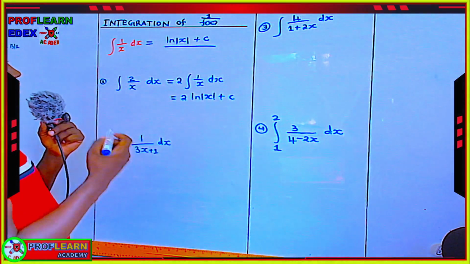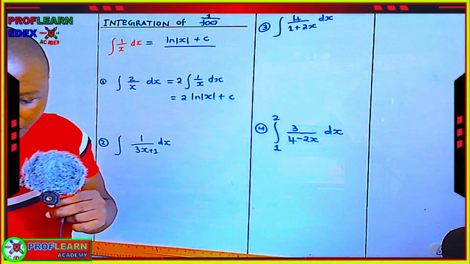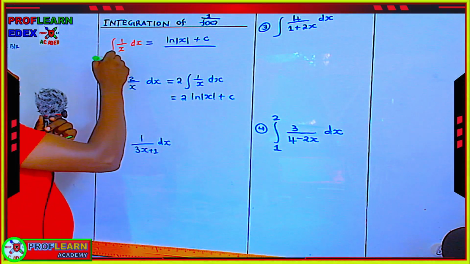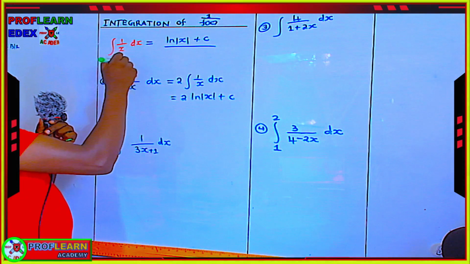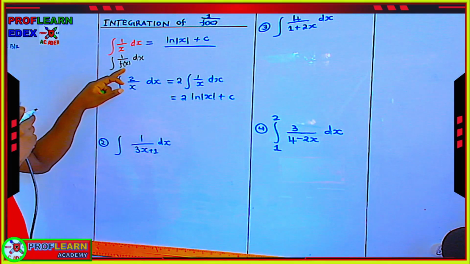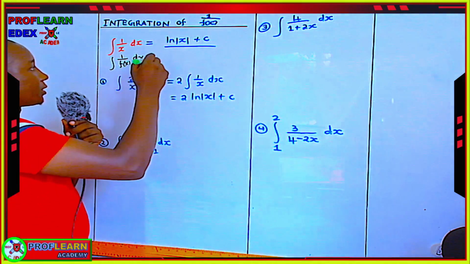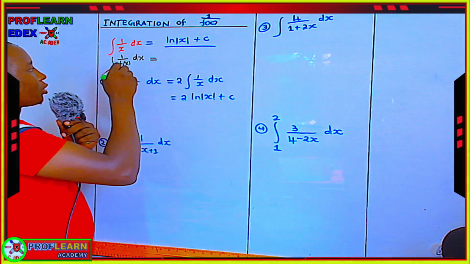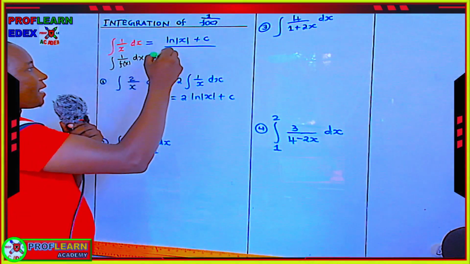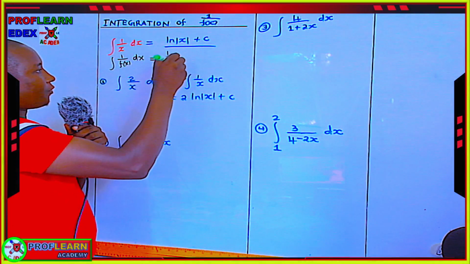Now, we want to have a general relation that we can use to perform different expressions. In a situation where you have an integral of 1 over f of x with respect to x, meaning that f of x is a function of x, you are going to differentiate this function, and you say 1 over d/dx of f of x.